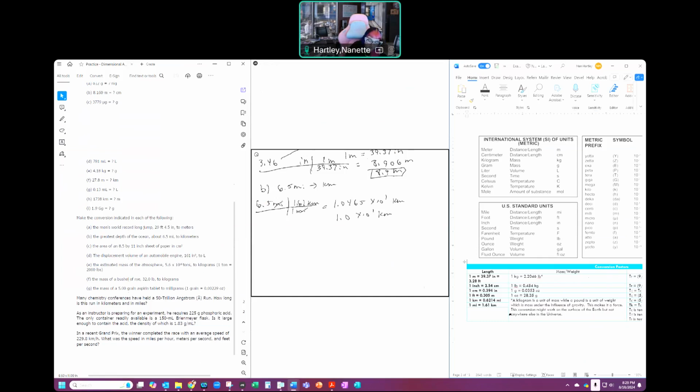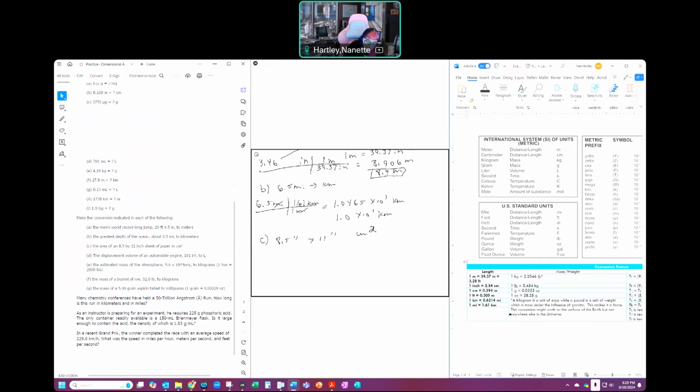So that's my B. Now, let's talk about C. The area of an 8.5 inch by 11 inch sheet of paper in centimeters squared, sorry. Well, this is an interesting one. I have a couple of options. I can convert the 8.5 inches to centimeters, the 11 inches to centimeters, and then do it from there.